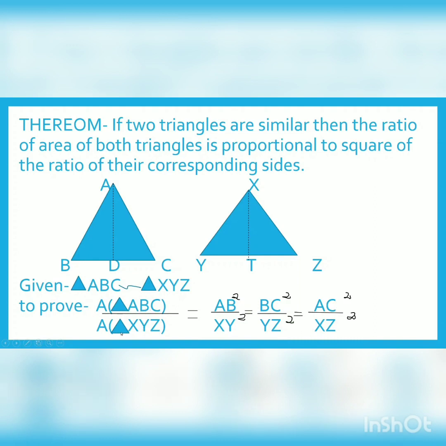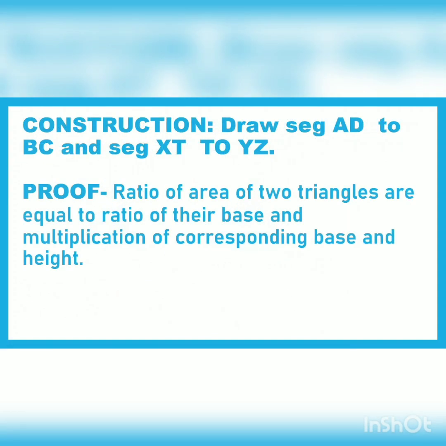You have to show this: area of triangle ABC upon area of triangle XYZ is equal to AB square upon XY square, is equal to BC square upon YZ square, is equal to AC square upon XZ square. Here the construction is given. Already we drew in the diagram segment AD perpendicular to BC and segment XT perpendicular to YZ.